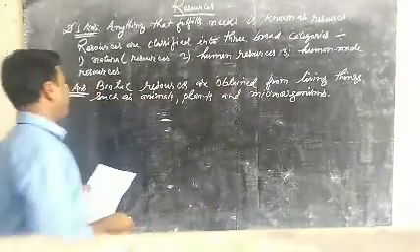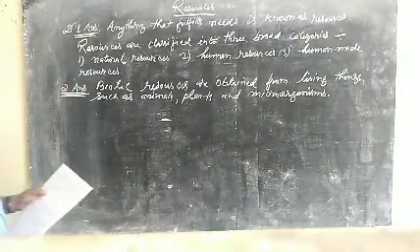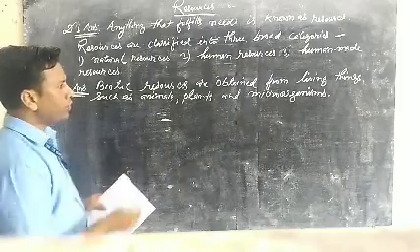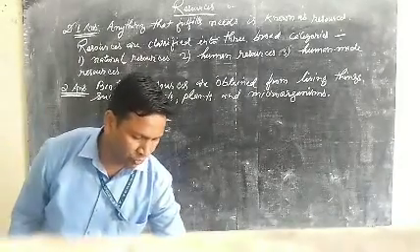Okay. So biotic resources are obtained from living things such as animals, plants, and microorganisms. Okay. So this is the second question.